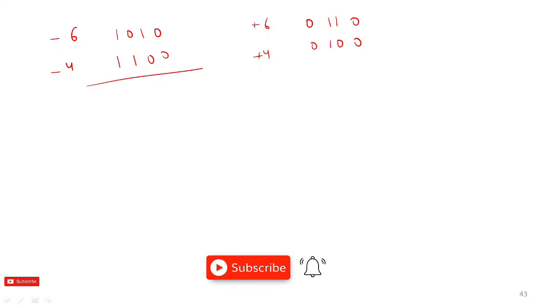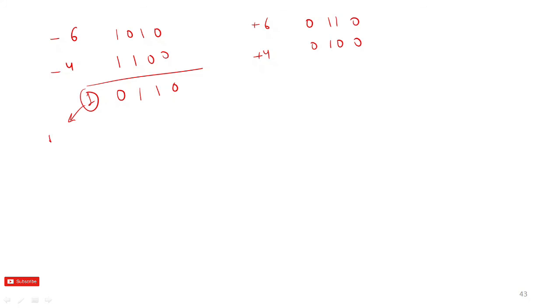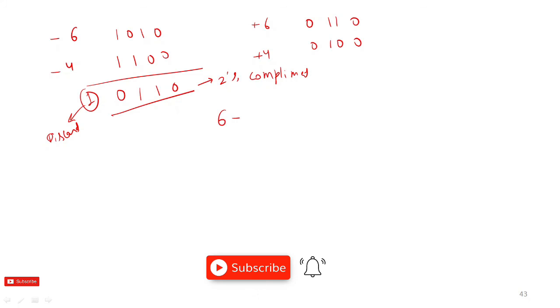Now add 1 0 1 0 plus 1 1 0 0, and there is a carry. So you have to discard this carry. So you got 0 1 1 0 in 2's complement. What will it be in decimal? It will be 1 2 4, so 6 minus 2 to the power 4, 16, equal to -10. Okay. So -6 minus 4 is -10.